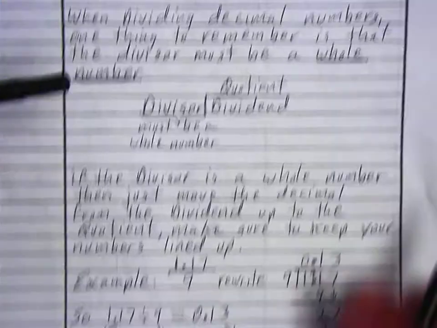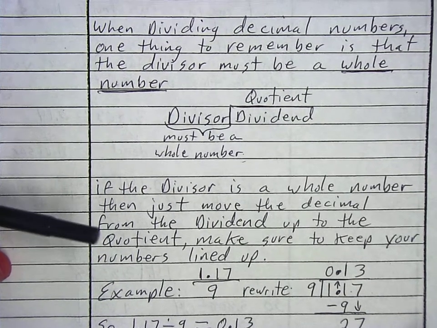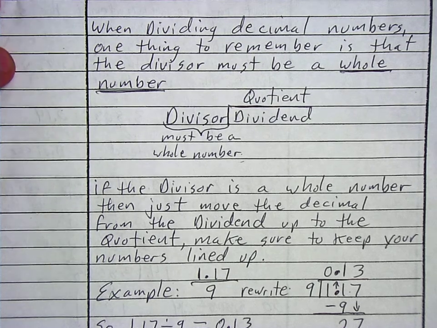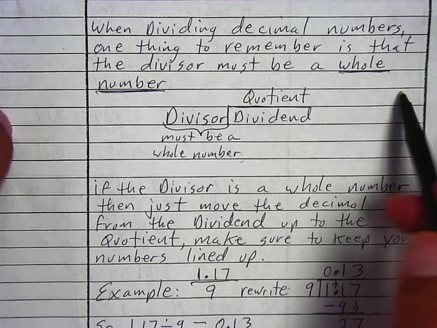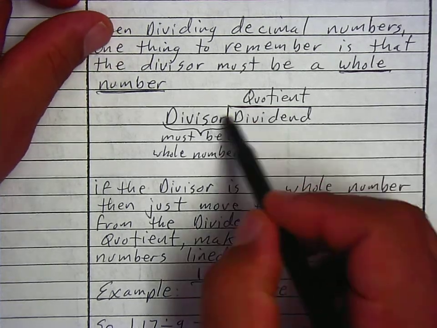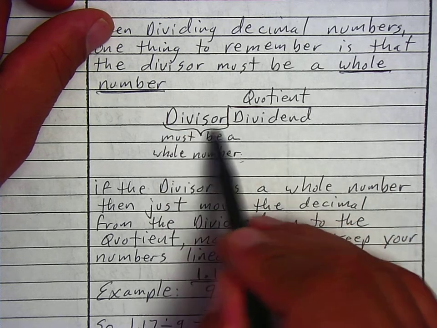Now, for dividing decimals, it gets a little tricky. When dividing decimal numbers, one thing to remember is that the divisor must be a whole number. As you can see, when you have it in this format, the dividend is the one that goes inside, and the divisor is the one that goes outside.